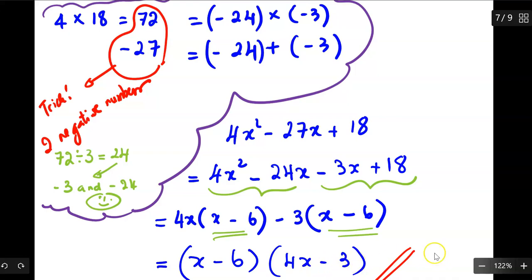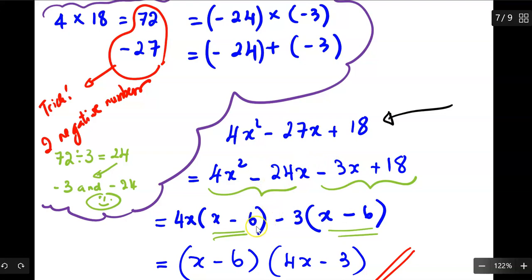In that video, I mentioned one of the questions that a student asked me, which I've heard many times: instead of writing negative 24x, subtract 3x here, is it okay to write subtract 3x, subtract 24x?